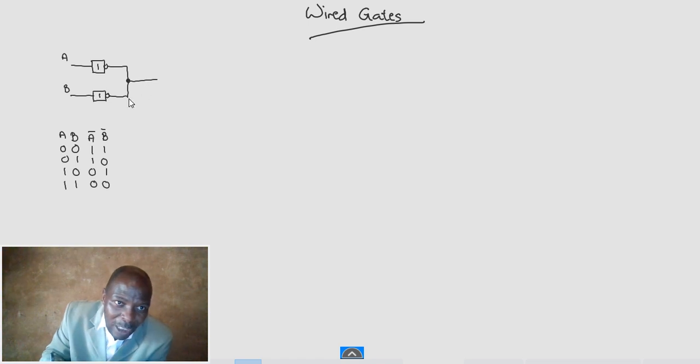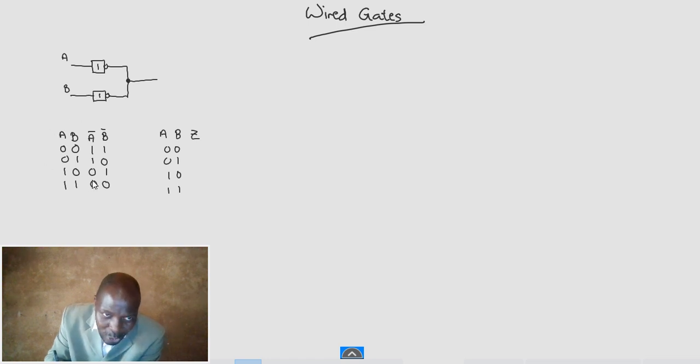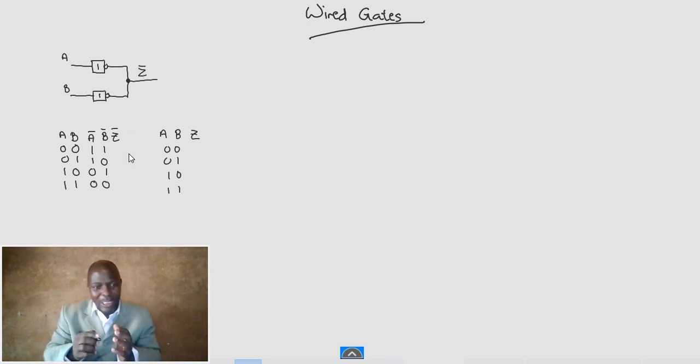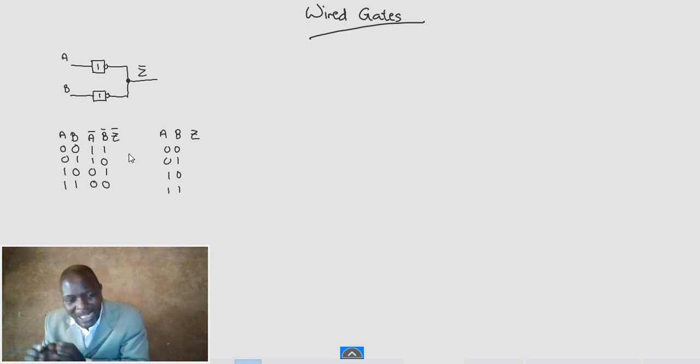So for the normal gate, A, B, 0, 0, 0, 1, 1, 0, 1, 1, it was an OR for the high condition, and we said our output would be Z. It follows therefore that in this scenario where the OR is for low, the output, to be low, has to be not Z. So we'll call this output here not Z, because the output is actually low if the one or the other is low.